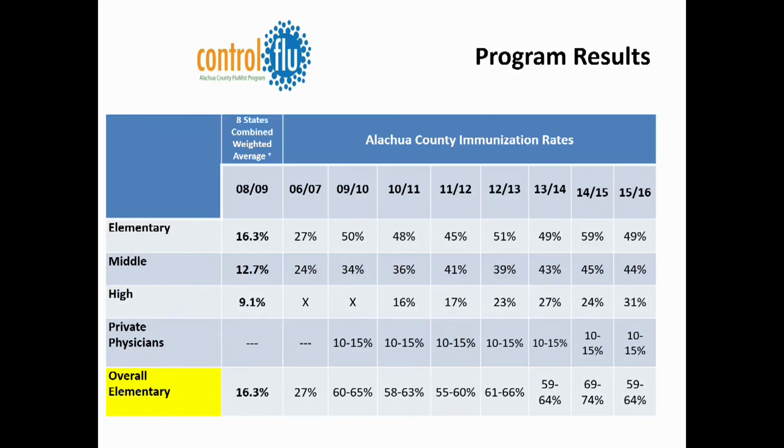We were very happy that last year we got high school immunization rates up to about 30%. And in the middle and elementary schools, we're about 40 to 50%. If you take that together with what's done in the private pediatricians' offices, we're getting around 60% overall. Now, it's not at our 70% goal, but we continue to try to find ways to get to that 70% and improve our program.